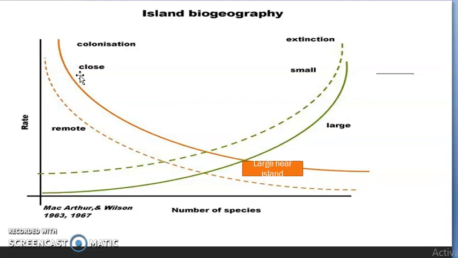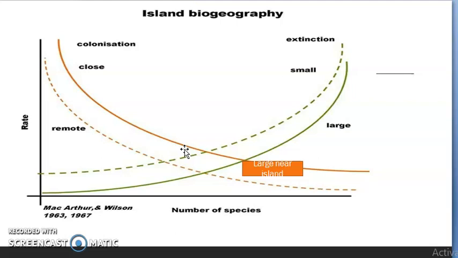This model considered the interaction of two main things, colonization and extinction, and then considers island size and distance from the mainland, whether it is close or small or in a remote area.